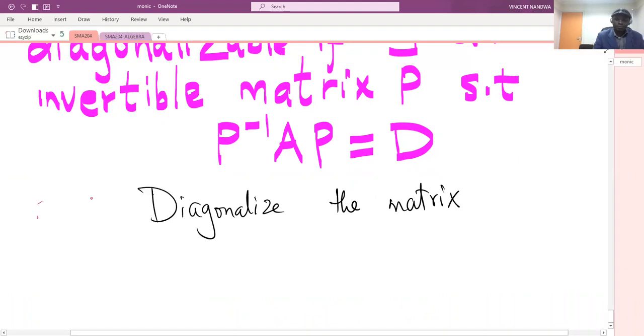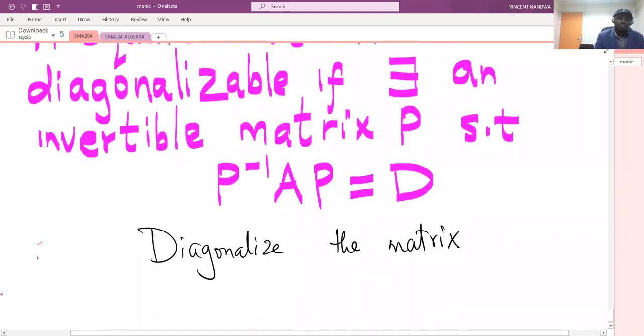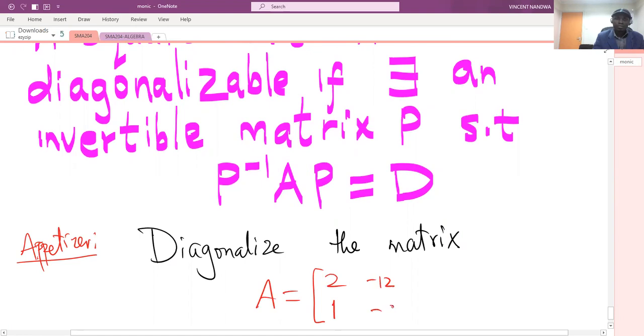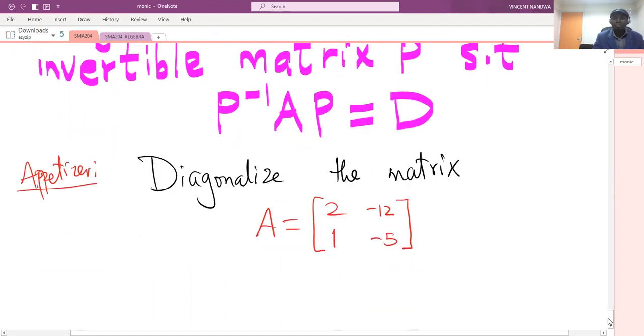So A is given by 2, minus 12, and then 1, minus 5. In this question, I will explain all the steps required when you are working out diagonalization of a square matrix.